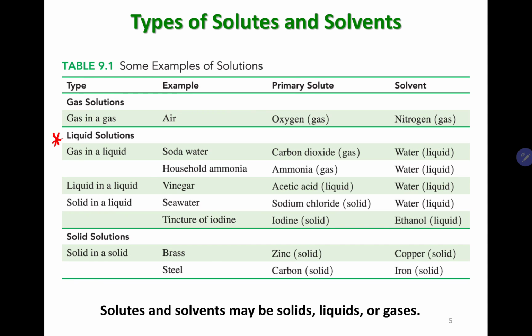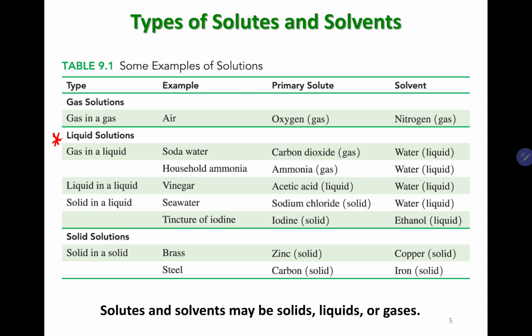Most people think that if it is a solution, it has to be liquid. It doesn't have to be liquid, but liquid solutions are more common as compared to gas solutions or solid solutions. So I recommend that you study this table. As you can see, in a solution, the primary component is going to be your solvent, and in that solvent the minor components will be your solutes.